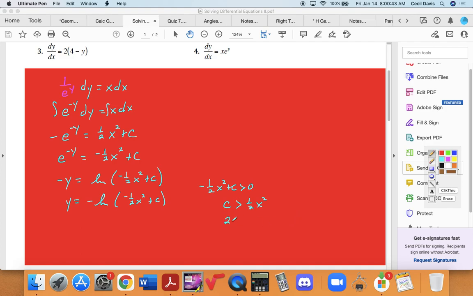So you can continue that: 2c needs to be greater than x squared, taking the square root of both sides, so x has to be less than the square root of 2c. That would be our domain for that one.